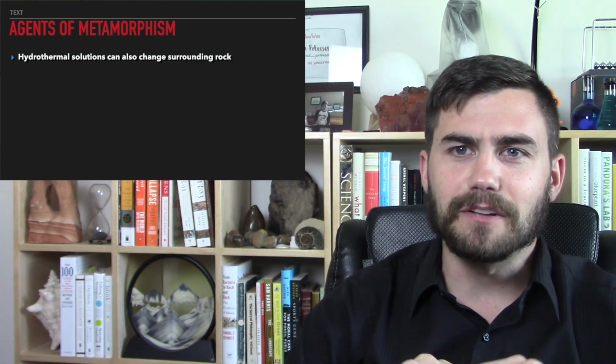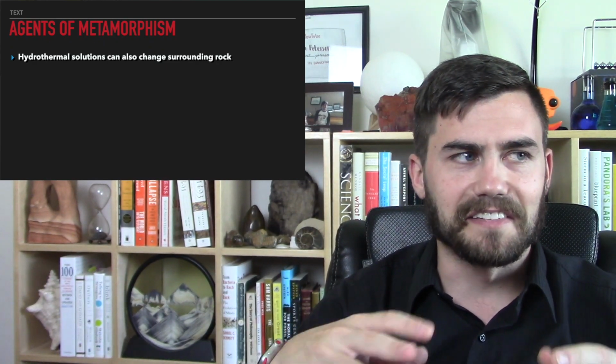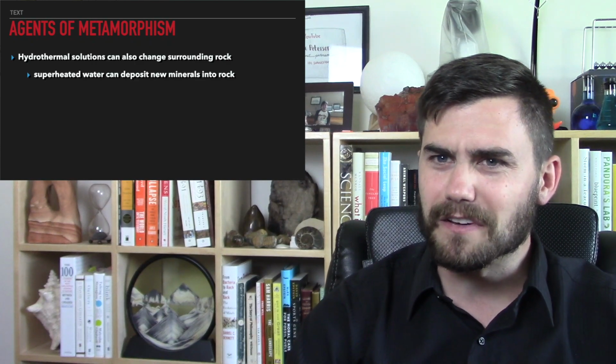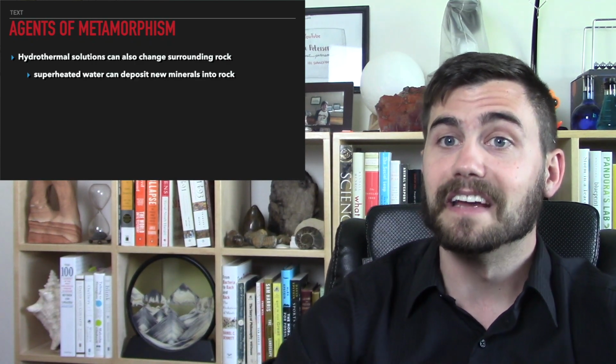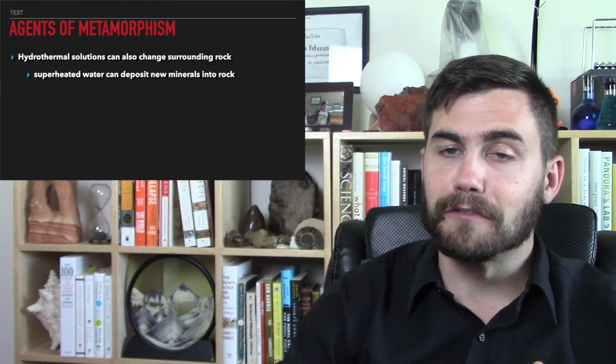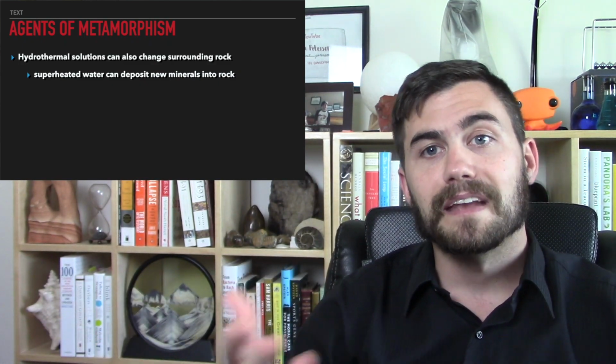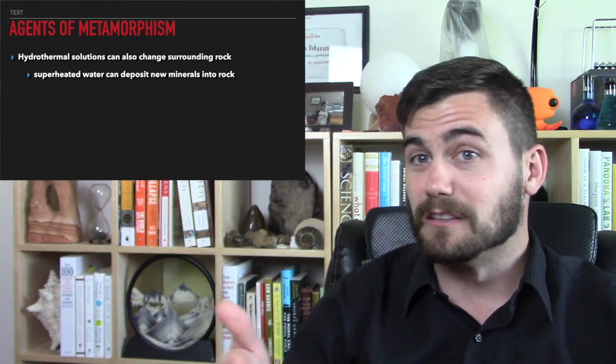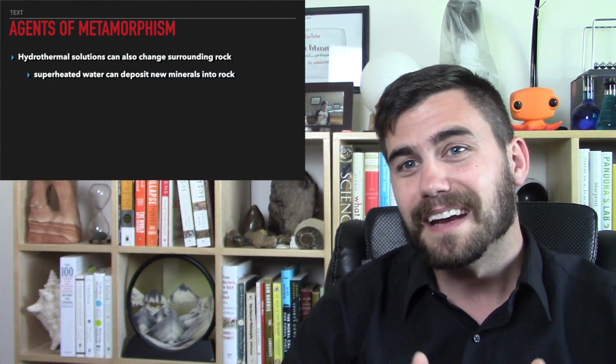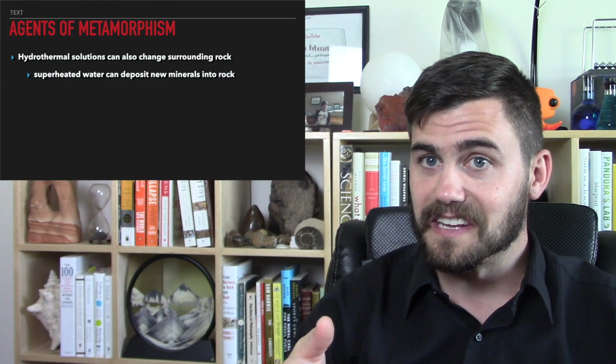The final metamorphic process is hydrothermal solution, which we've covered several different times before, but this one is very different because it's actually the addition of new materials. Now, this could be considered perhaps like low-grade metamorphism. It doesn't really alter the existing minerals.